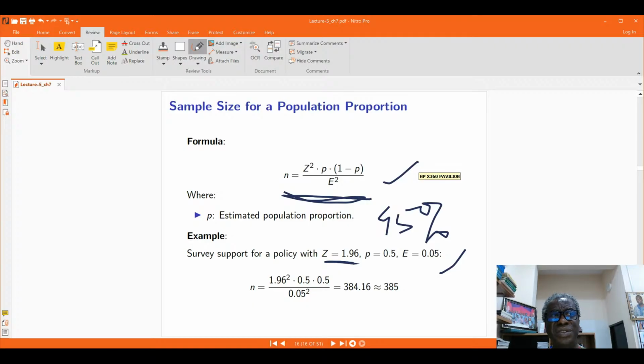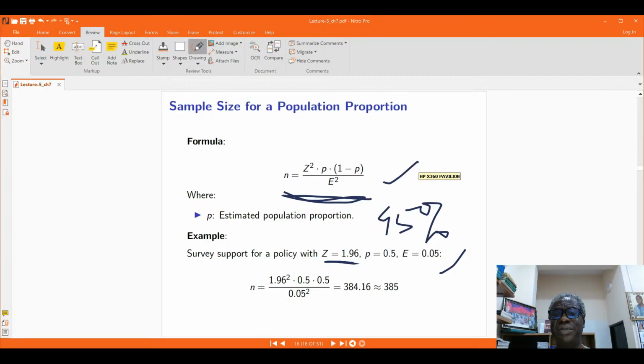So the Z, the confidence level that you choose, the margin of error that you are willing to accept, and of course the population variability, in the case of mean, and then the proportion of success in the population, in the case of sample size for a population proportion.